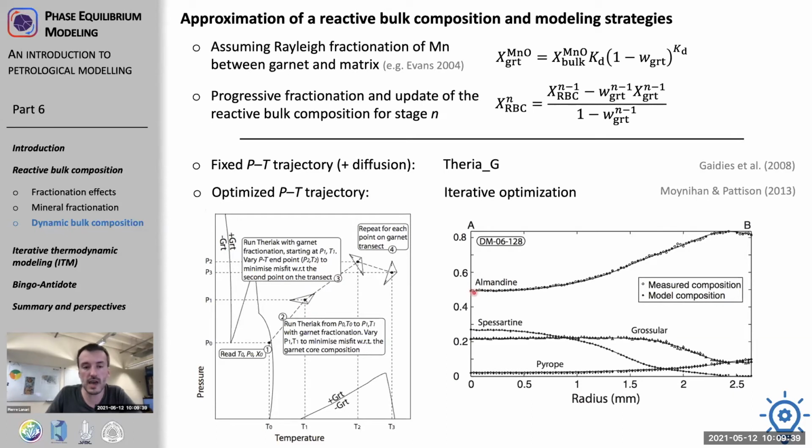And here you can see, along the profile, the dots for the measured garnet composition and the dots for the model garnet composition, which means that, to my knowledge, it's the best fit we have for garnet with a model that is based on equilibrium thermodynamics. And this is pretty amazing.